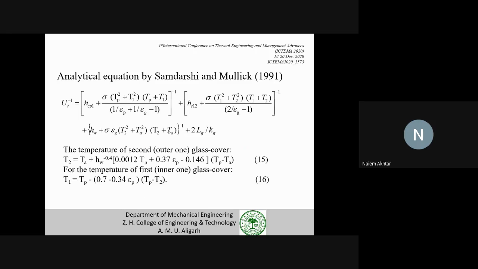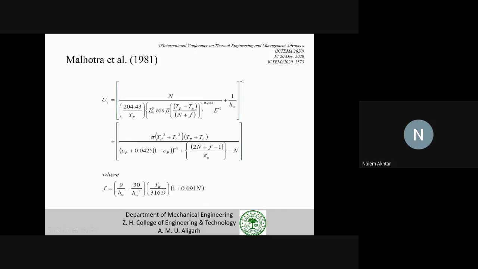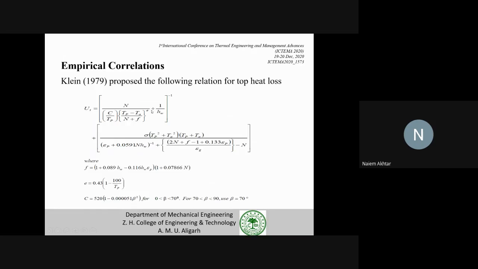In the previous equations we can see that the convection and radiation terms are not in order as we have seen in the thermal network. They have been regrouped and somehow it calculates the top heat loss coefficient for certain design parameters of the collectors.